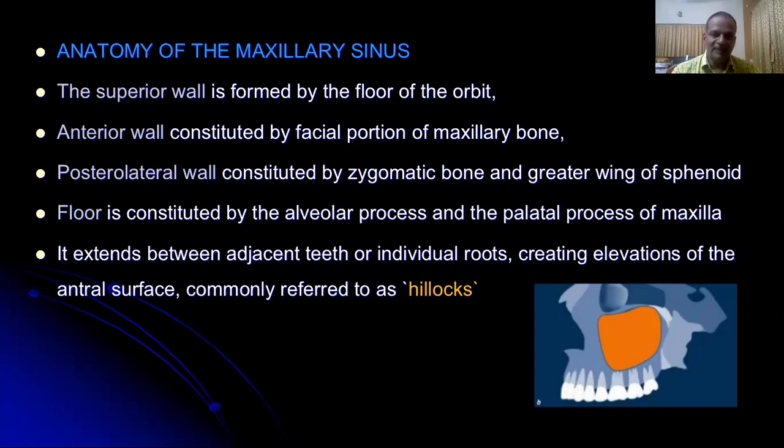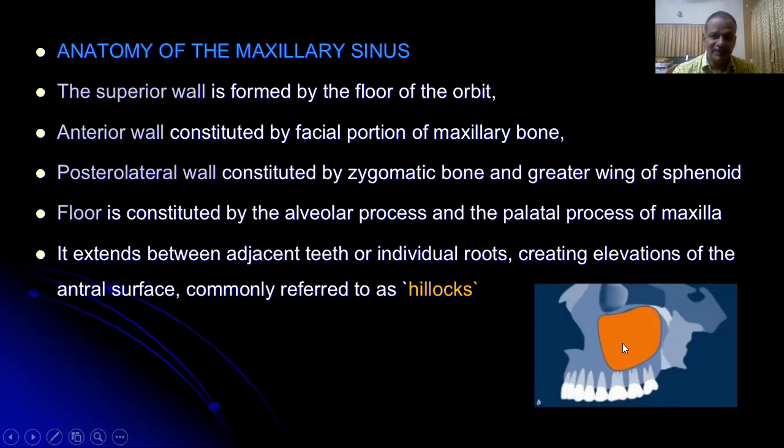It extends between the adjacent teeth or individual roots, creating elevations of the antral surface, commonly referred to as hillocks. The inner surface of the maxillary sinus is lined by pseudostratified ciliated epithelium, which is about 0.8 millimeters in thickness, and it continues with the nasal epithelium through the ostium in the middle meatus.